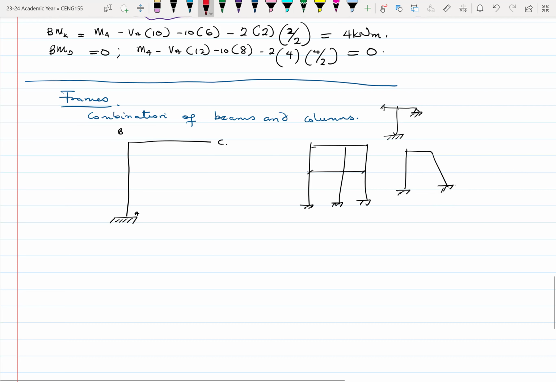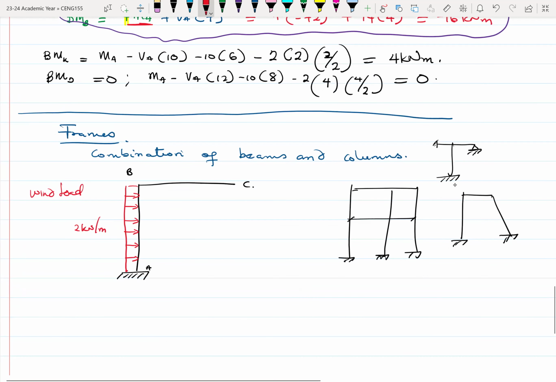So we have a frame, and on the length of the column, we have some loads. This could be a wind load. Wind tends to act laterally on the face of a structure. So let's give this wind load a value, let's say 2 kilonewtons per meter. Then we also have some other load on it.